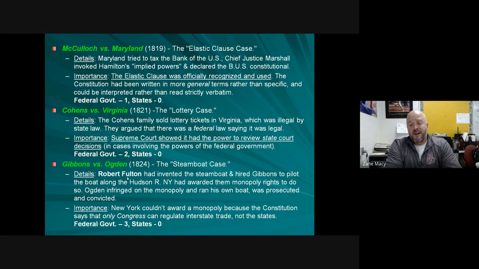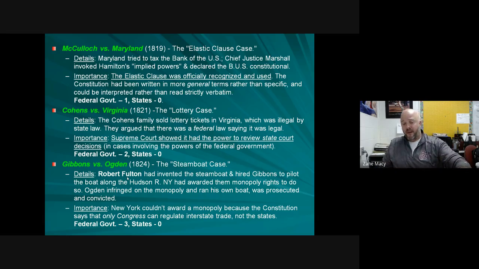The importance there is New York couldn't award a monopoly because the Constitution says only Congress can regulate interstate trade, trade between states, and along the Hudson River you can gain access to other states. If this was a river just in New York, then New York would have been able to grant monopoly rights.